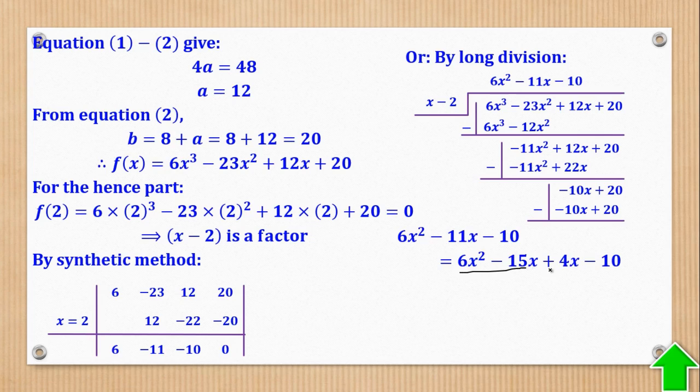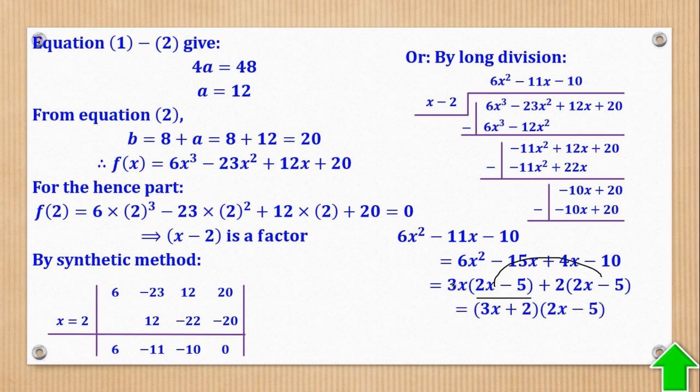Then I'll pair this alone and this alone to factorize out what is common. For this first one, 3x is common, so remain with 2x minus 5 in brackets. For this other one, 2 is common, so remain with 2x minus 5 in brackets. Then after that, I'll make you realize this and this are common, meaning that this with this gives us the other factor.